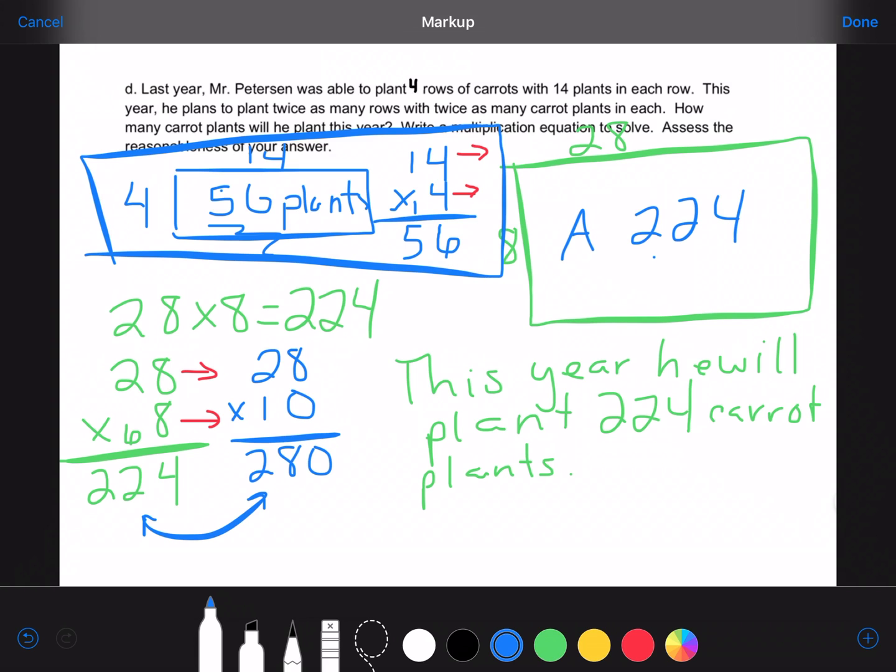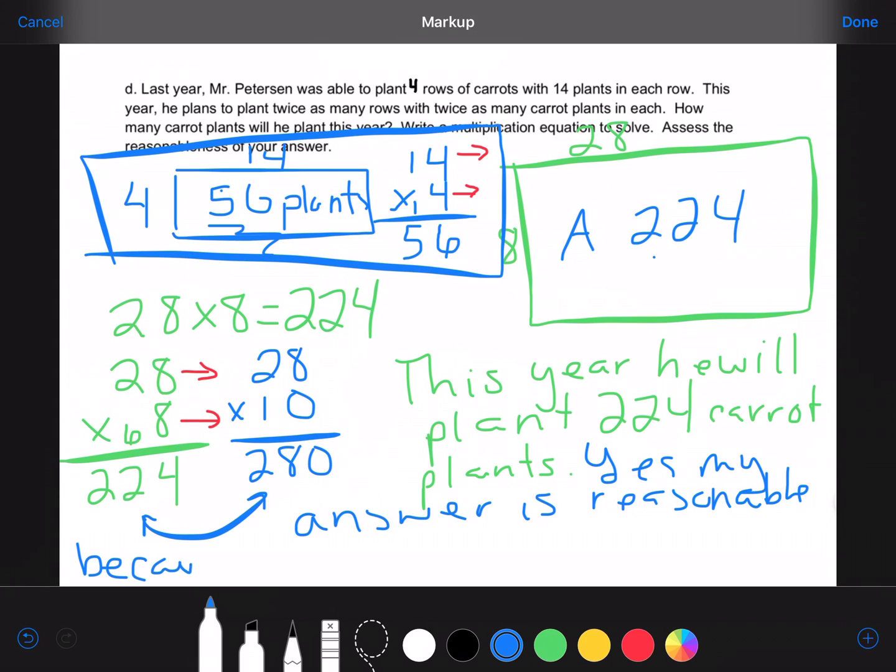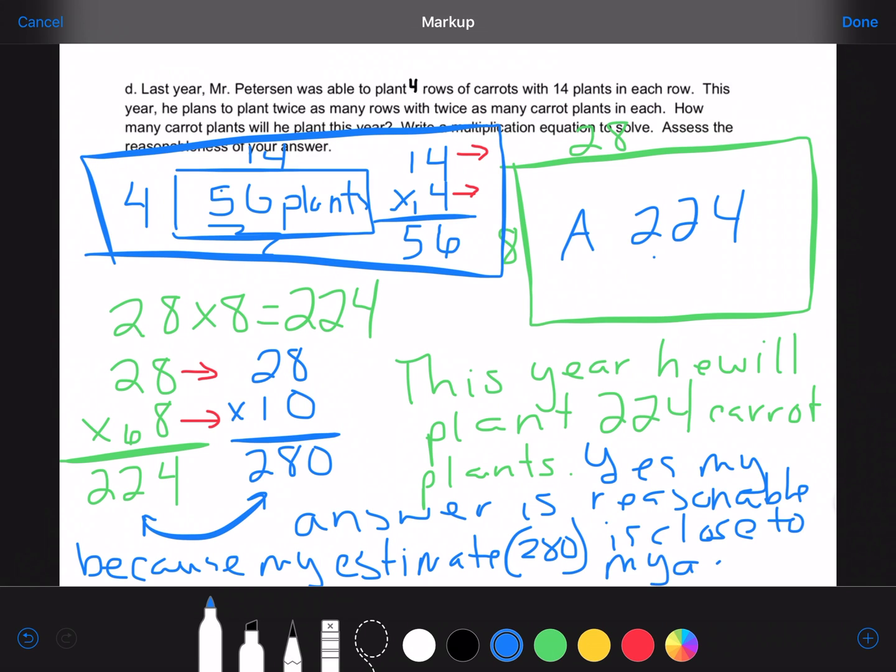Nice job. So I would write, yes, my answer is reasonable because my estimate, 280, is close to my actual answer of 224.